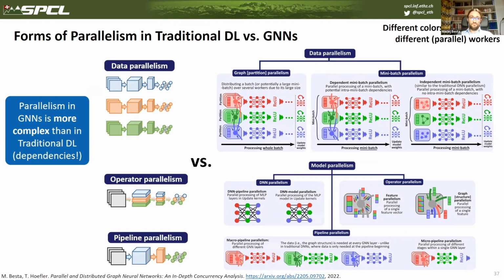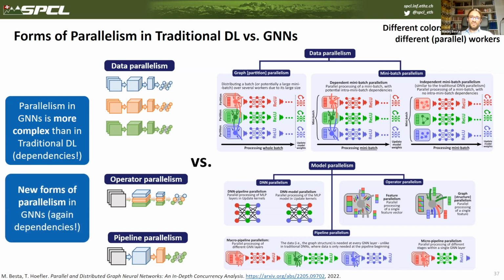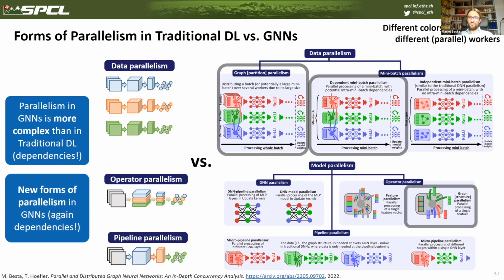On the other hand, the second high-level difference is that we have new forms of parallelism in the GNN landscape, again because we have these dependencies. For example, we have dependent mini-batch parallelism, graph partition parallelism, and graph structure parallelism. These are things that we don't really have in that shape in the traditional deep learning landscape. So this means we also have potential for more interesting research and opportunities to provide more efficient pipelines, considering more of these ways of parallelizing graph neural networks.